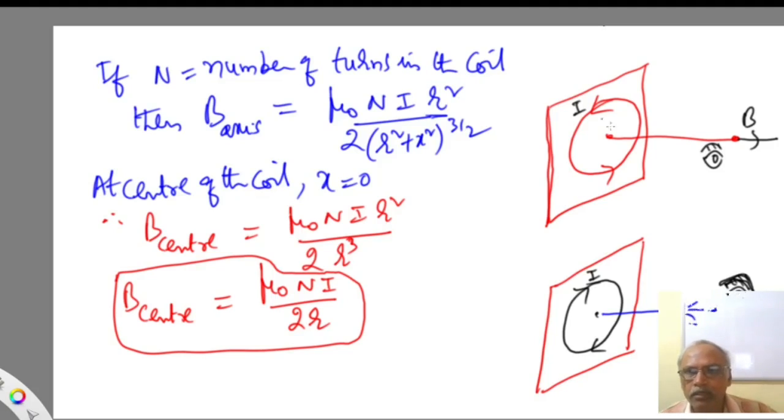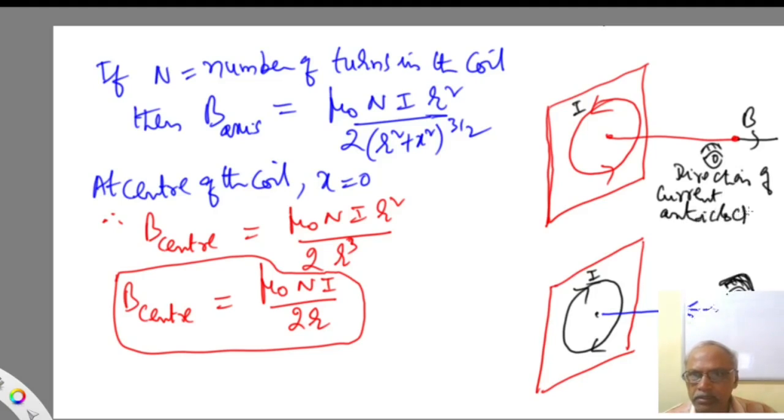In the above case, it's anti-clockwise. In the below case, the direction of current is clockwise.